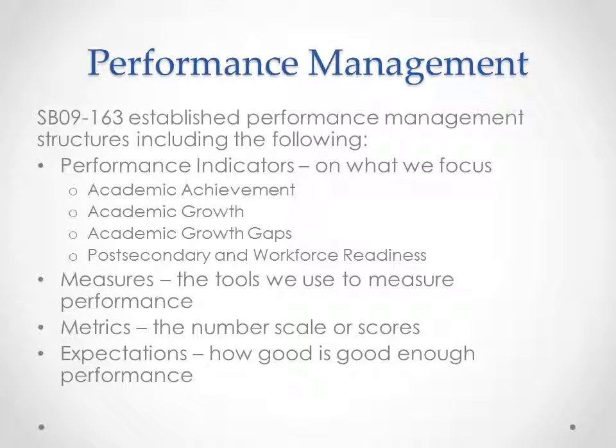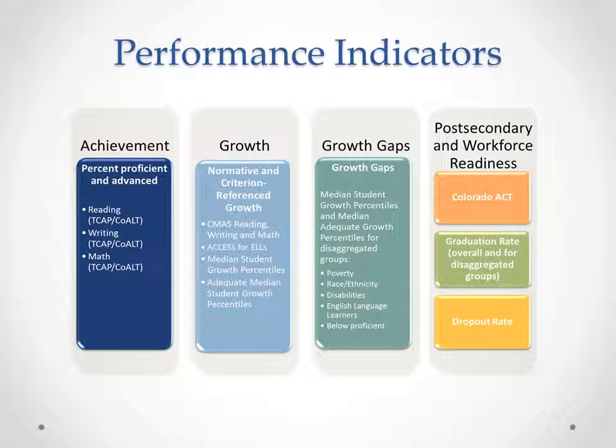For each performance indicator area, the state identified common measures and metrics that were to be collected at the state level for all schools, and the state determined a level of performance for each metric to which schools and districts should compare their performance, and minimum levels of performance for each metric that would, quote-unquote, meet state expectations.